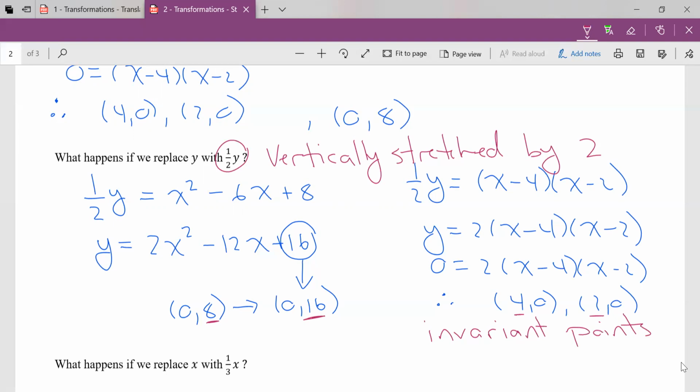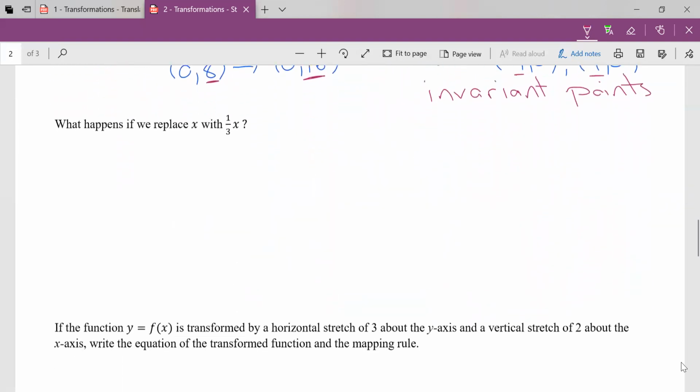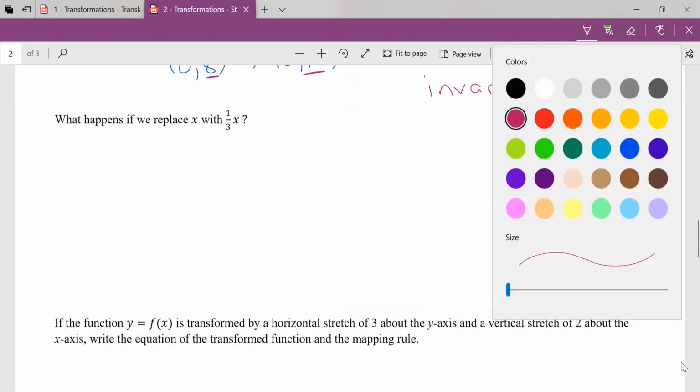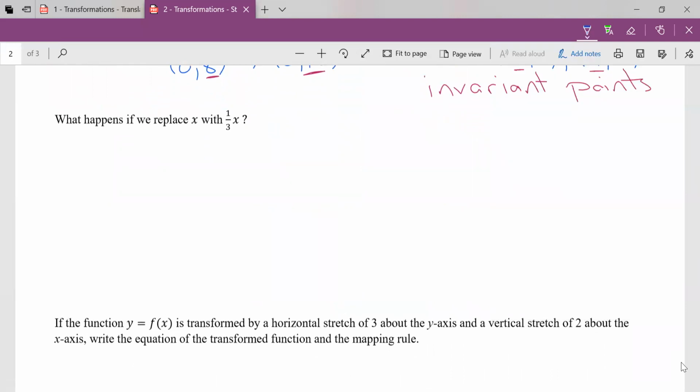Okay, let's see if we can try this again and see what happens. What happens if we replace x with 1/3 x? Let's go for it. So we replace x, and let's do our factored form first here. Like that, and right here, like that. And okay, what are our new x-intercepts?